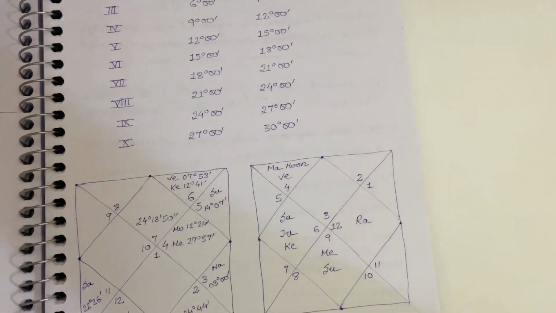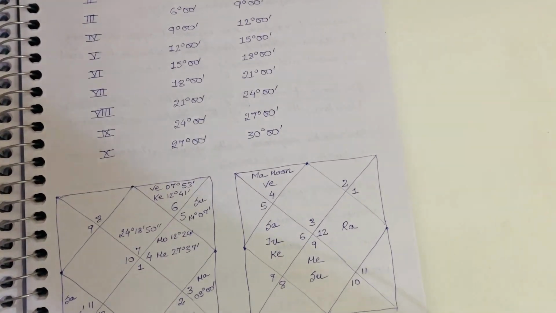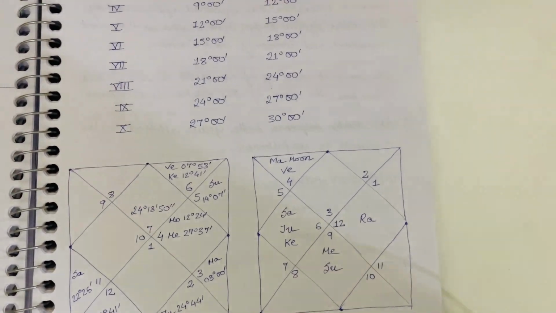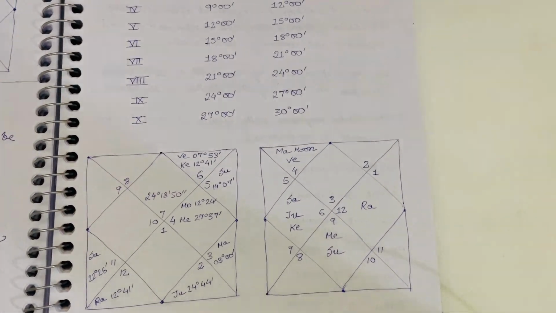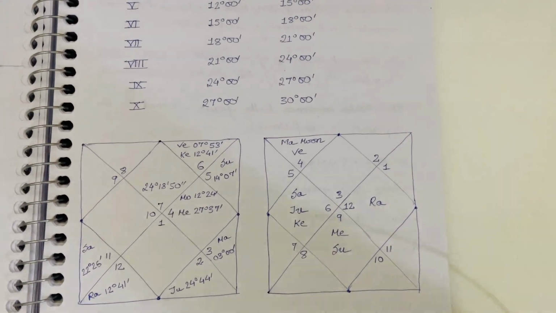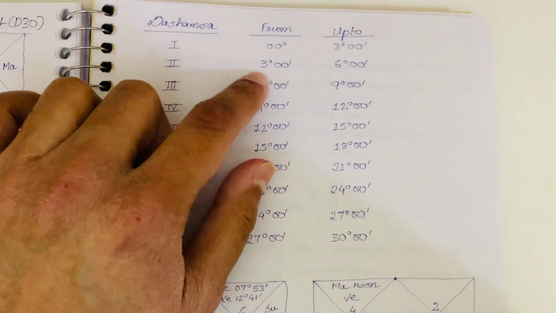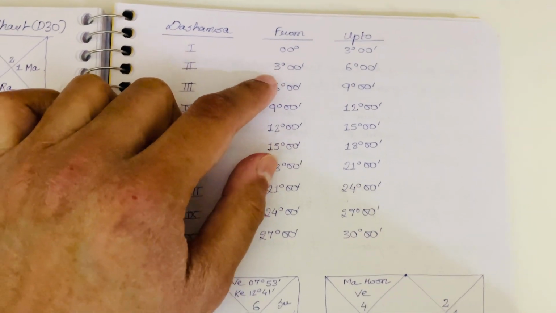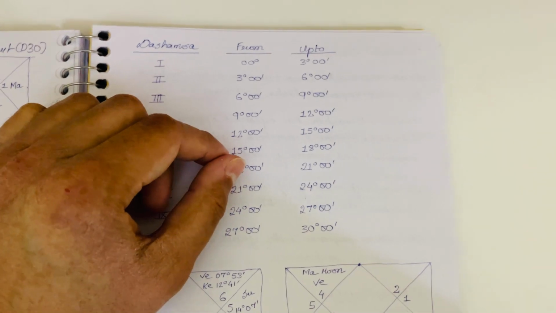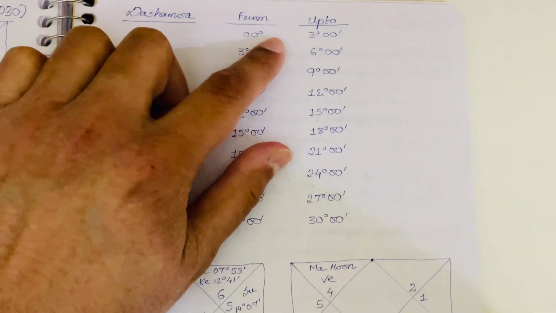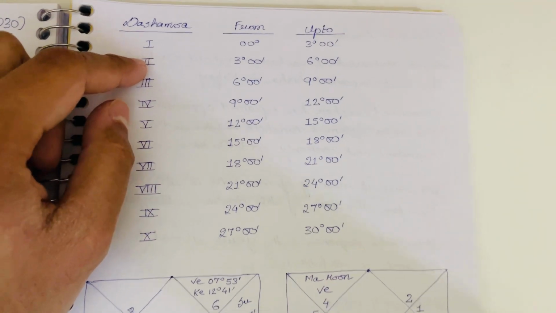So Mars is 3 degrees 00 minute and 15 seconds. So it has crossed 3 degrees. Remember this, even though it is 3 degrees, it is 3 degrees 00 minute and 15 seconds. So that means it will fall in the 2nd Dasamsa. It is not 3 degrees 00 minute 00 second. It has crossed the 1st and entered the 2nd Dasamsa.